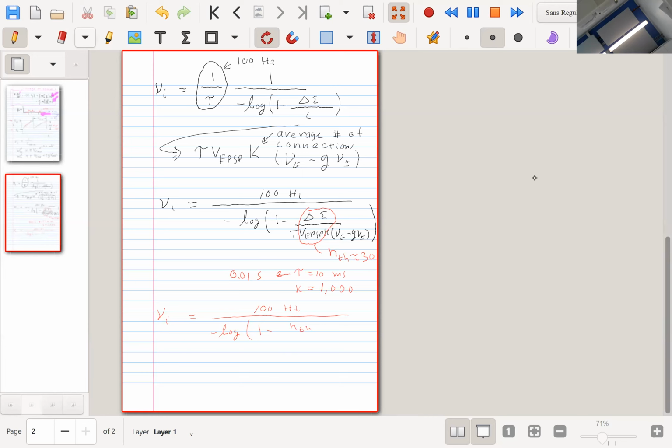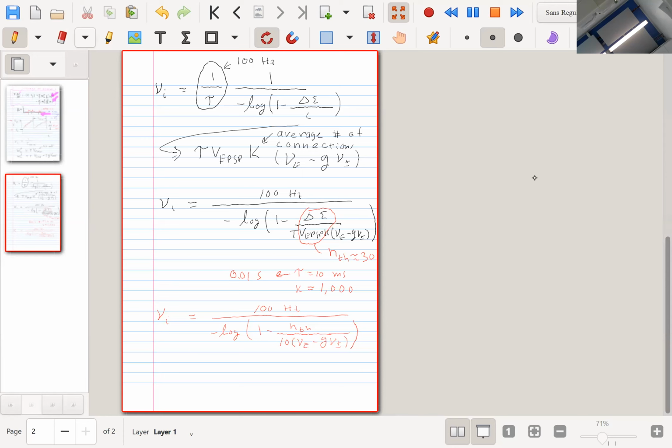Tau times K is about 10, times nu E minus G nu I. Okay, so this is the difference in firing rate, excitatory minus inhibitory firing rate. And the G takes into account the fact that V PSPs may be different sizes for E and I.